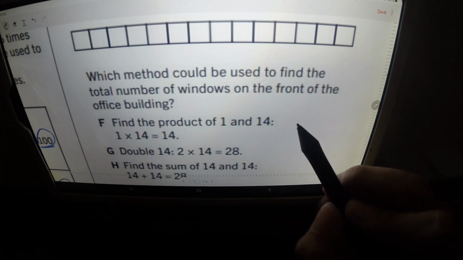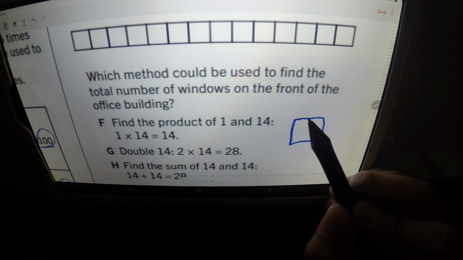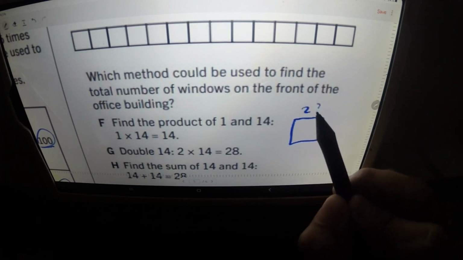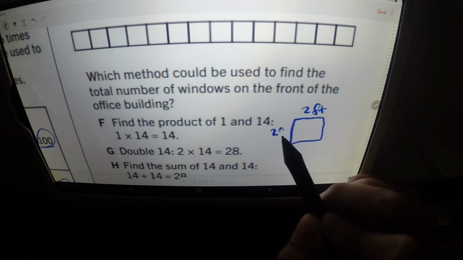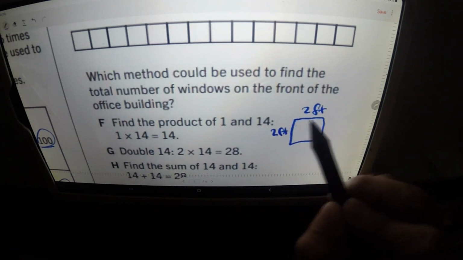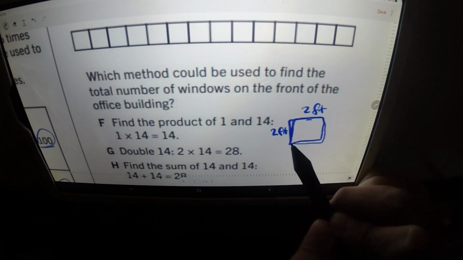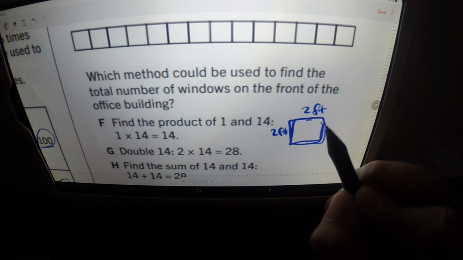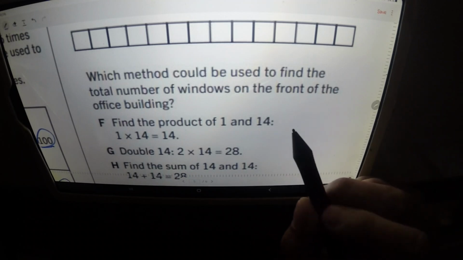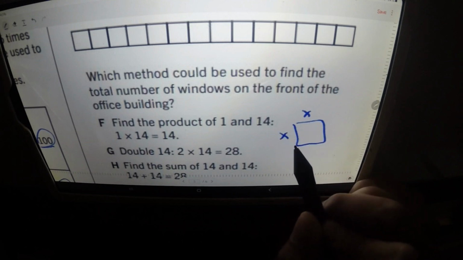This is not a perfect square drawn out, but for the math it'll be fine. It's 2 feet on this side and 2 feet on this side. That is a perfect square because it's 2 feet by 2 feet. That's all a perfect square is. It's when each side of the square is the same.